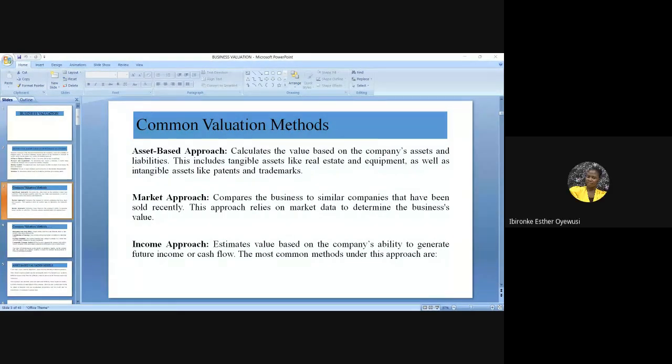I will put it this way. It's the value in the statement of financial position. Is it book value?